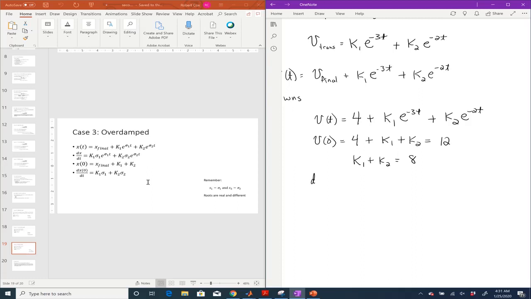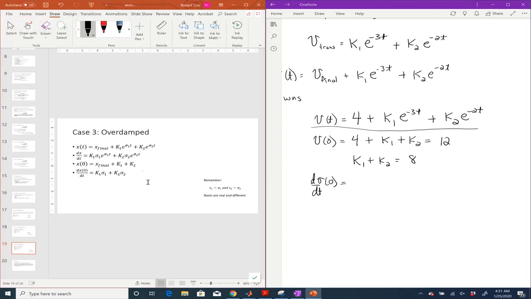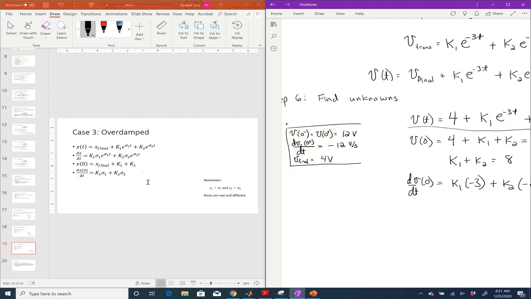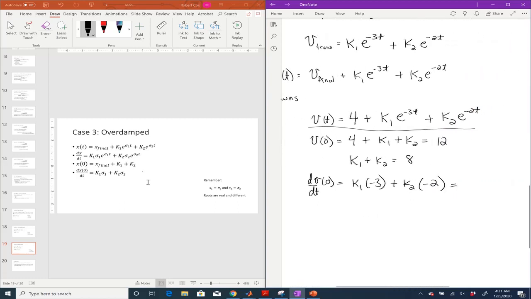All right, now dV/dt of 0. I could take the derivative of this expression and evaluate at 0, but I've already done that over here in the notes. That is equal to K1 times the first root, so K1 times -3, plus K2 times -2, and that's equal to the initial value of the derivative, which is apparently -12.